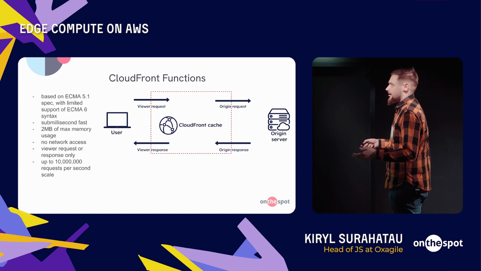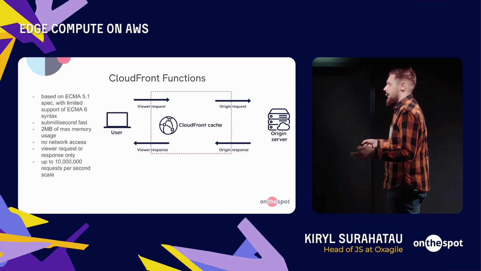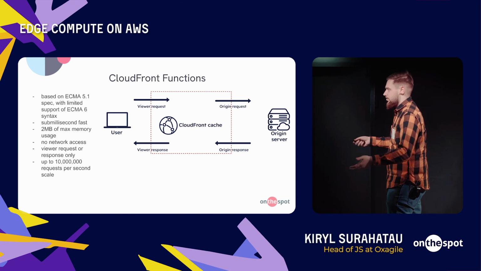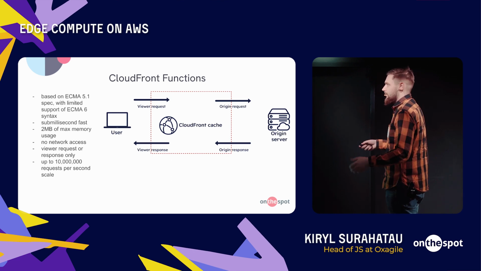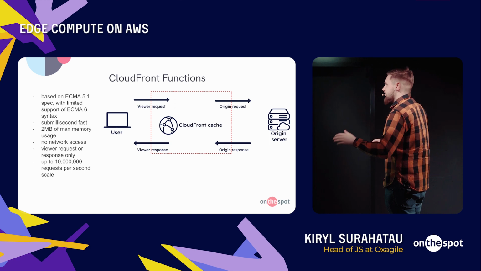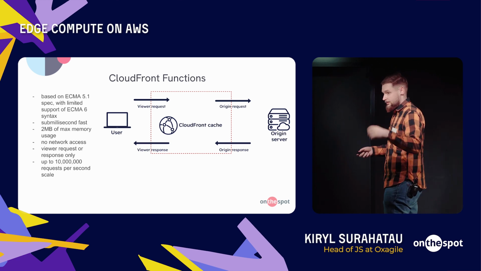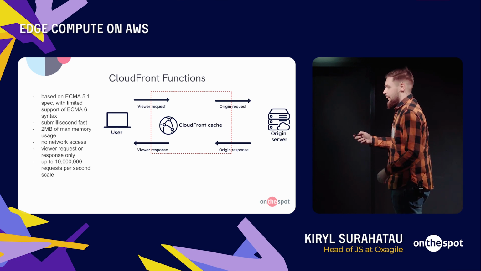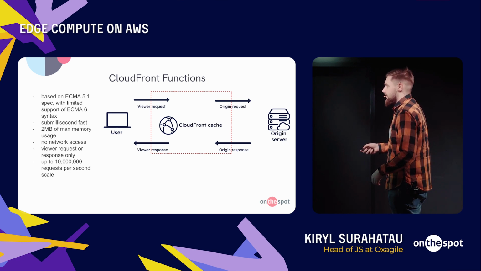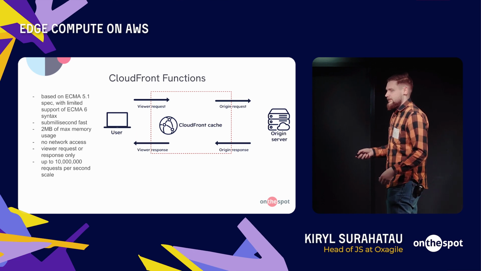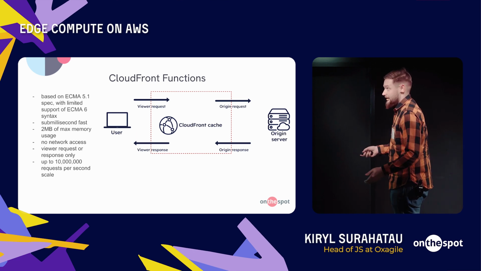AWS promotes it as sub-millisecond fast, and to achieve this goal, to fulfill these numbers, it can use maximally 2 megabytes of memory. It has no network access, while Lambda Edge has it, and it can be only at viewer request and viewer response. But it scales up to 10 million requests per second, and this is really fast.